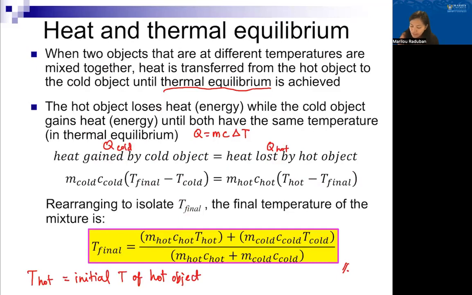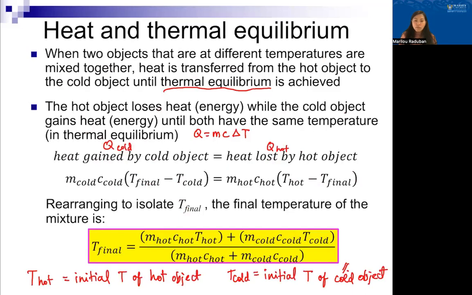Likewise, M cold is the mass of the cold object, C cold is the specific heat of the cold object, and T cold is the initial temperature of the cold object.